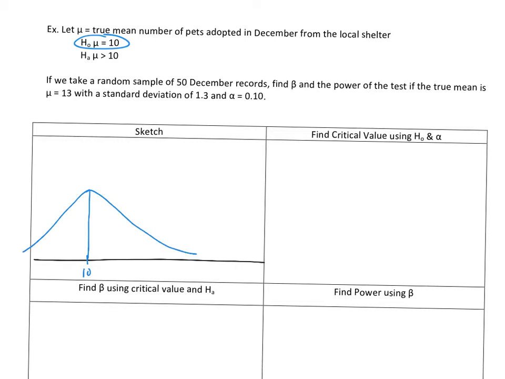And we've got the alternate centered at 13. And literally, you can pretend this is a number line. Here's my null curve and my alternate.